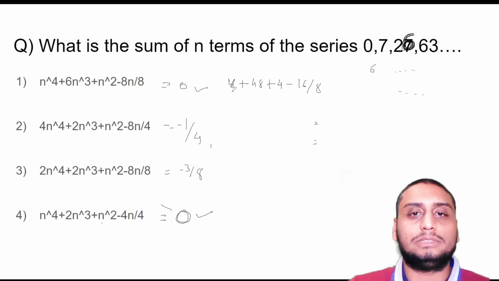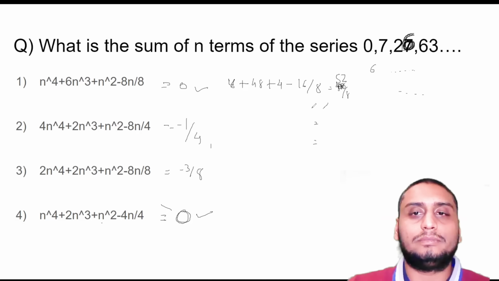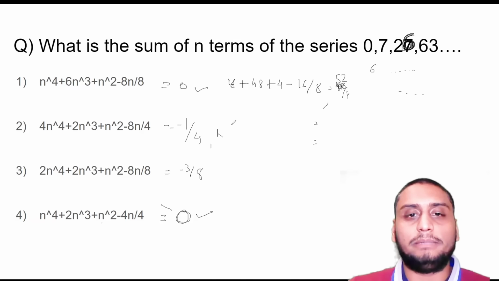How much does this come? 64 plus 4, 68. 68 minus 16 is approximately 50 by 8, something, 52 by 8. This we don't have to check because the sum of one term is coming wrong from this.